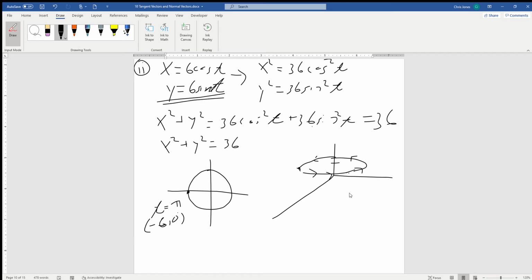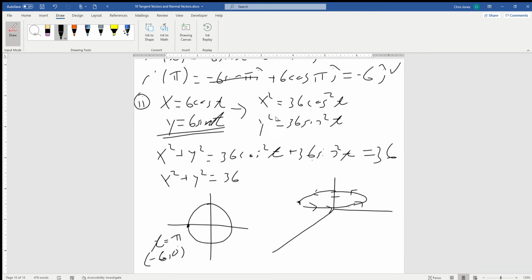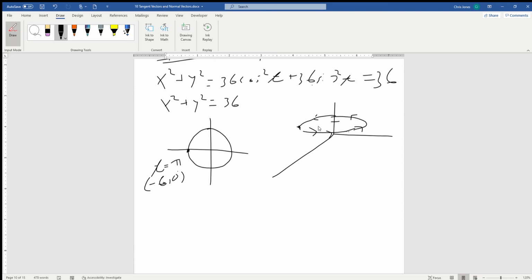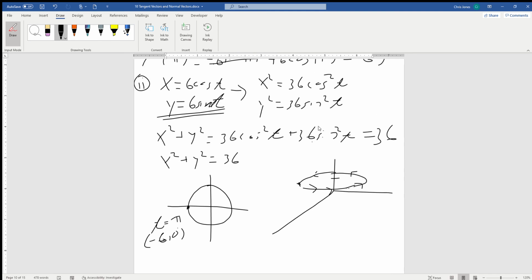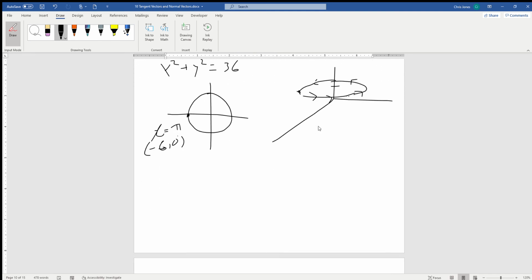Now we have to try to find T of t and then N of t subsequently, and N of t we need at pi. Although this one looks pretty rigorous, it's actually not going to be too bad because of the sine and the cosine. We already know r prime of t was minus 6 sine t i plus 6 cos t j.